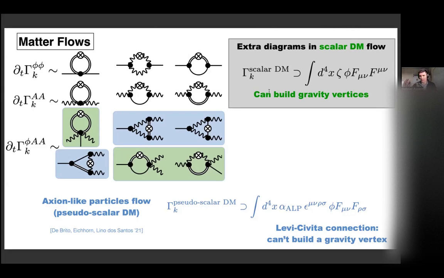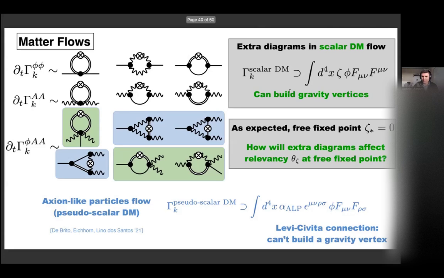And so the question is, once we have these very similar setups, but crucial differences in how they enter at the level of the truncation, what is the effect of these extra diagrams on the relevancy at the free fixed point? Because both of these truncations are essentially dark matter motivated truncations with dimension 5 operators between a scalar or pseudoscalar and the gauge fields. So how will these new diagrams affect the relevancy is one of the main questions.